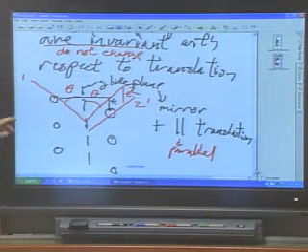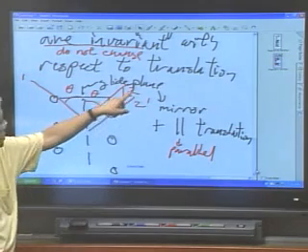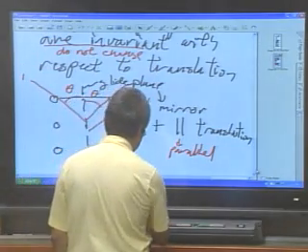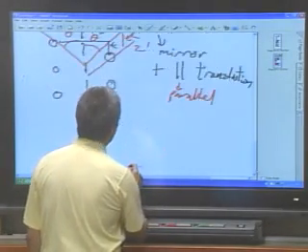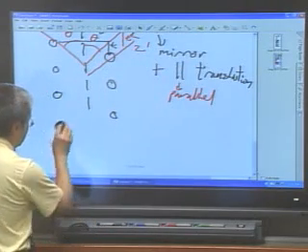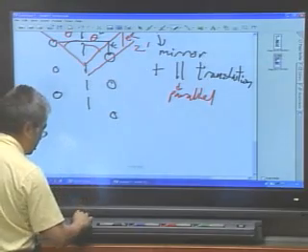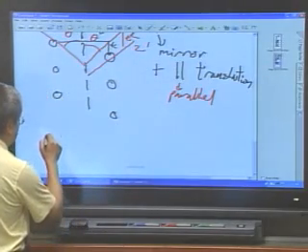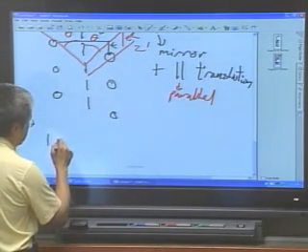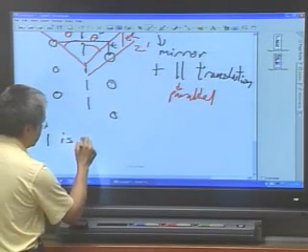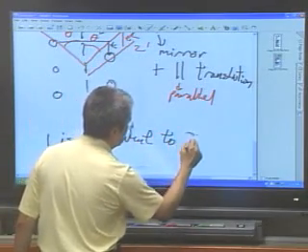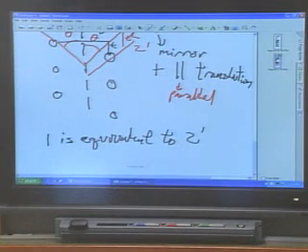And if I do that, then when I look in direction 1 and I look in direction 2', it should be exactly the same. Okay. So we know basically from the way we define the glide plane that 1 is equivalent to 2', because it's defined by the way the operation occurs.